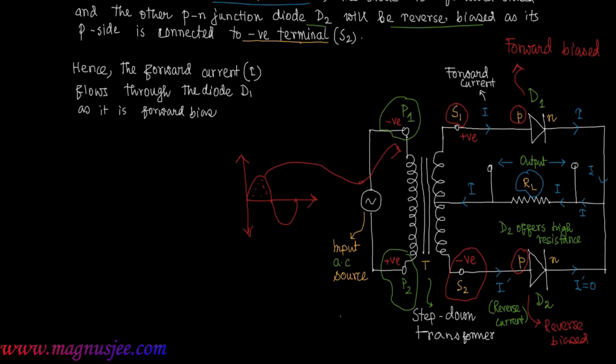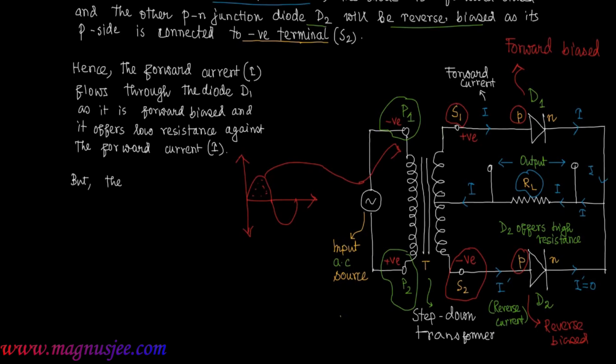It is forward biased and it offers low resistance against the forward current I. But the reverse current, which one is the reverse current?